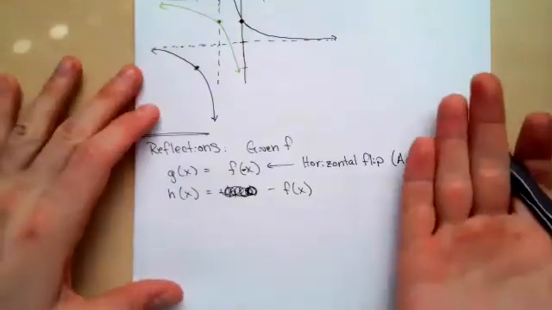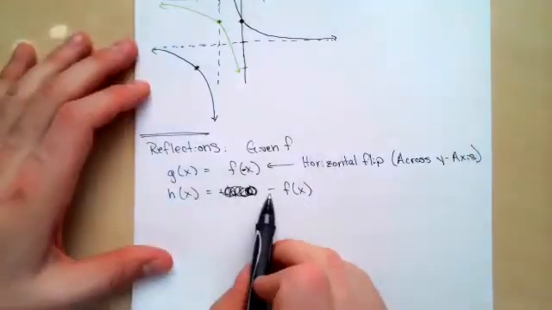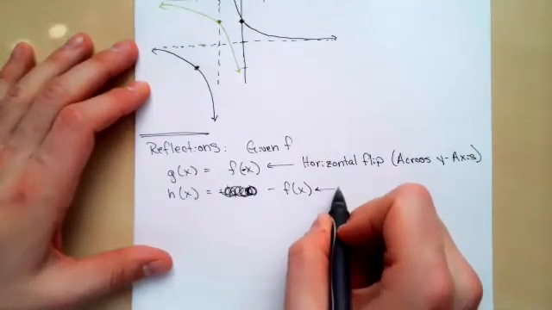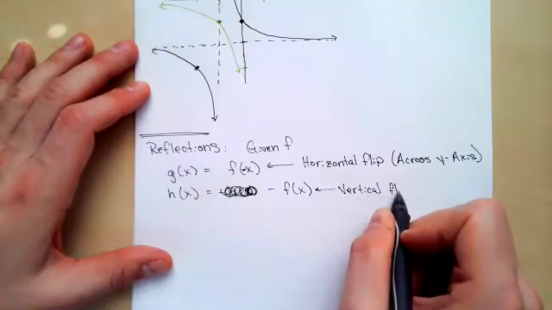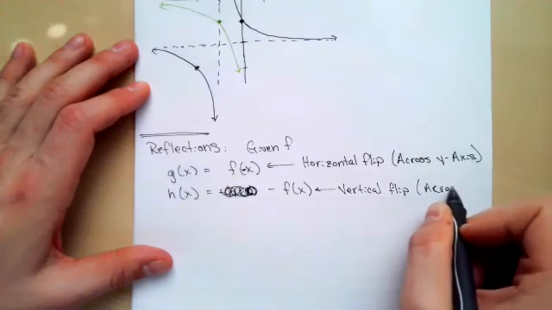If I flip a function about the y-axis, it means we're flipping horizontally. The negative out front of the function is a vertical flip across the x-axis.